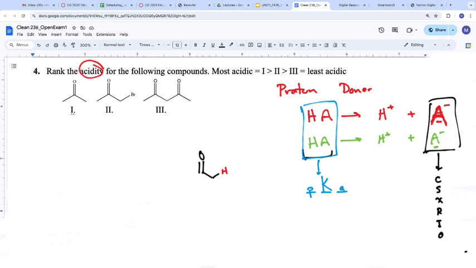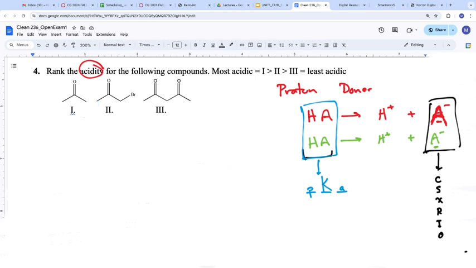So I could go back and say, oh, this one has a pKa of 15, and so does this one, and so does this one. So what did the memorizing of pKa's get me? Nowhere. So I don't necessarily recommend memorization of pKa's and instead would push you to the conjugate bases.